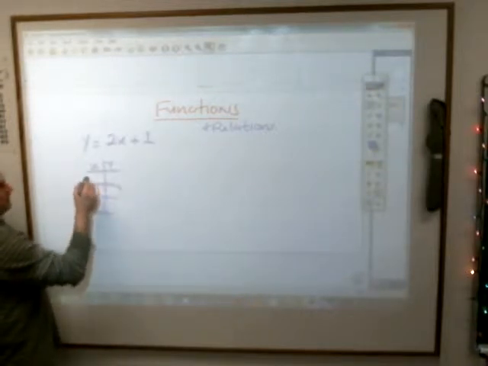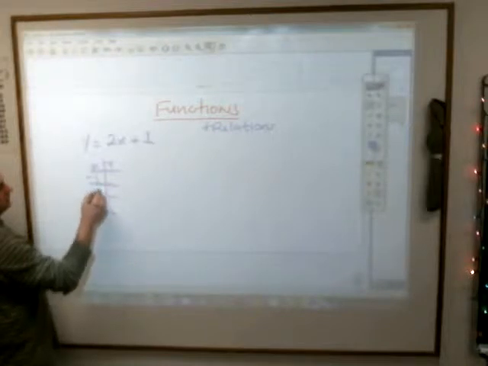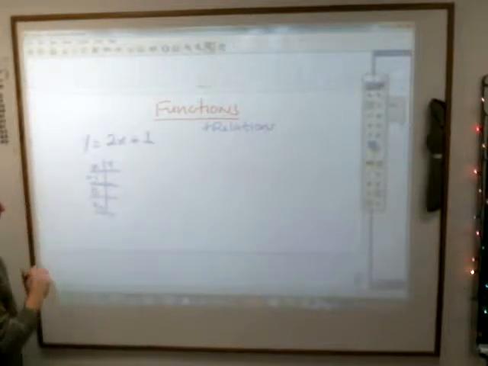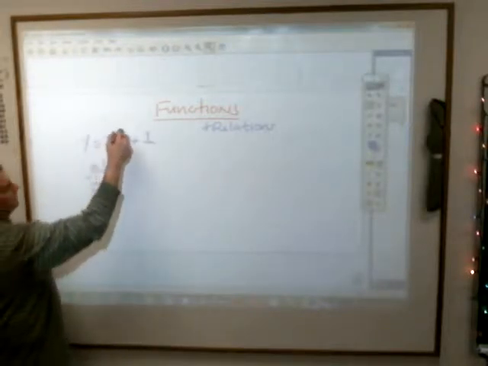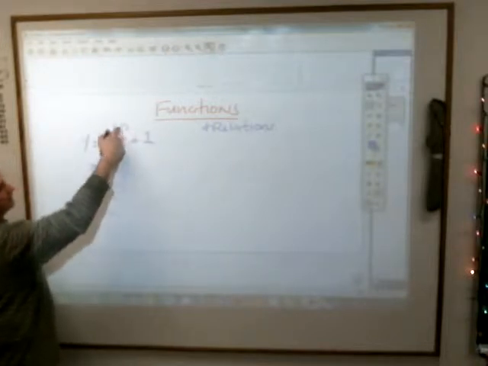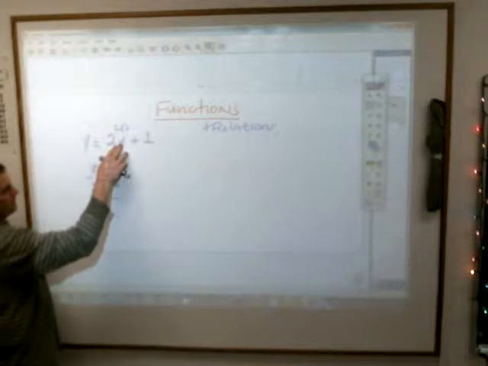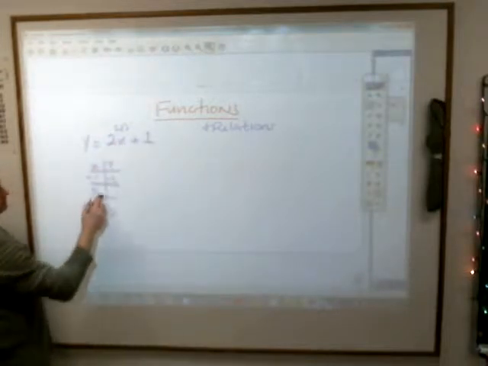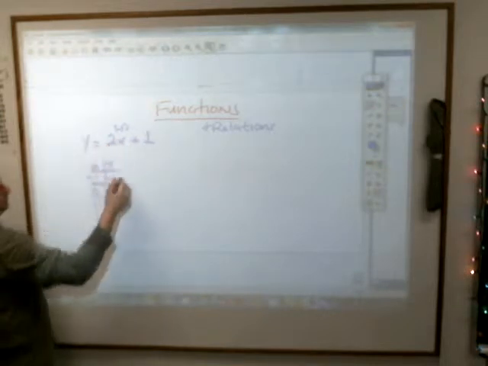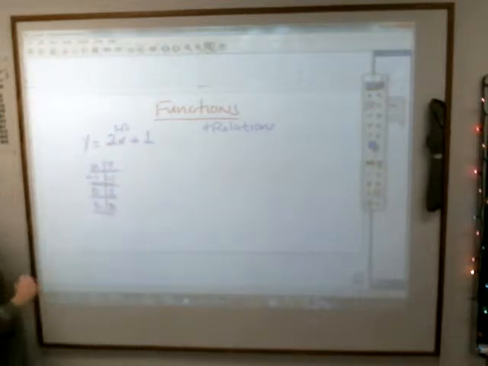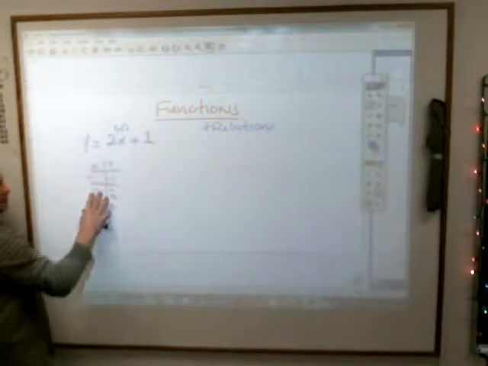So let's say I pick -1, 0, and 2. If I put -1 in for x, 2 times -1 is -2, plus 1 is -1, right? 0 in for x gives me 1, correct? 0 plus 1. 2 in for x gives me 4 plus 1, which is 5. This little table we have here, I'm not going to graph it right now.